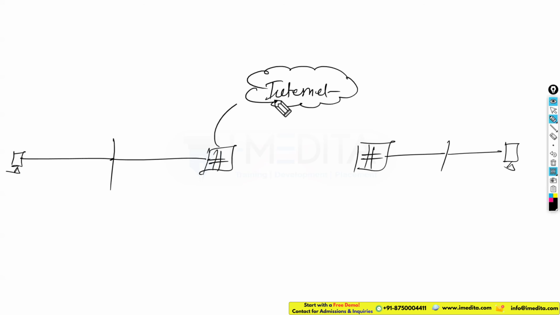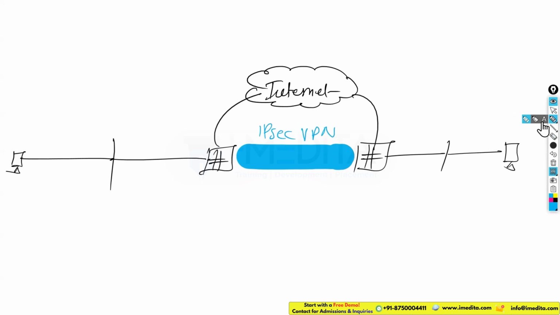Now we want their LAN should be able to communicate with each other. For that, we will configure IPsec VPN. With the help of IPsec VPN, their LAN or users communicate with each other. Branch 1 user can communicate with branch 2 user using site-to-site VPN over the internet.